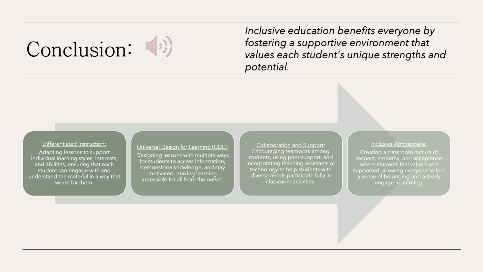Collaboration is key, involving both peers and support staff to create a network of assistance that encourages success for everyone. And finally, fostering an inclusive atmosphere helps build a classroom culture where every student feels valued and respected. Inclusive education benefits not only those with specific needs, but enhances learning and engagement for all.